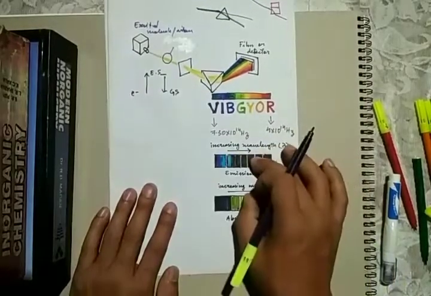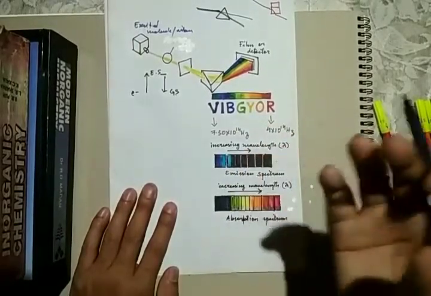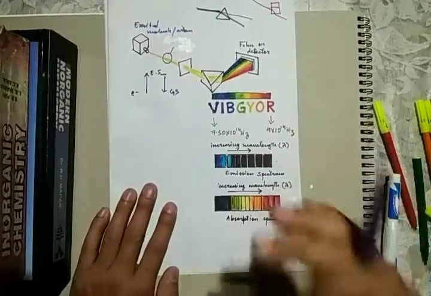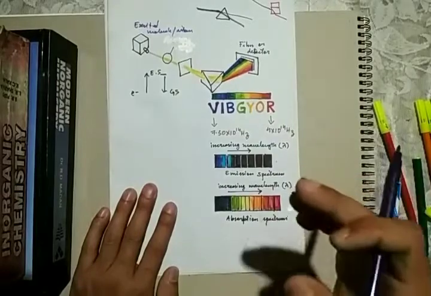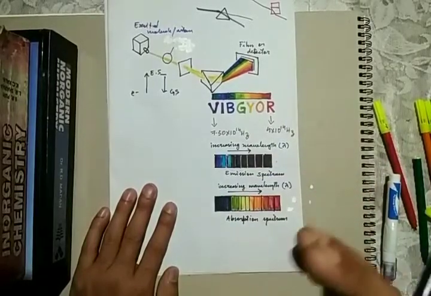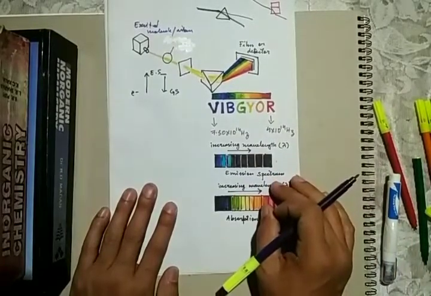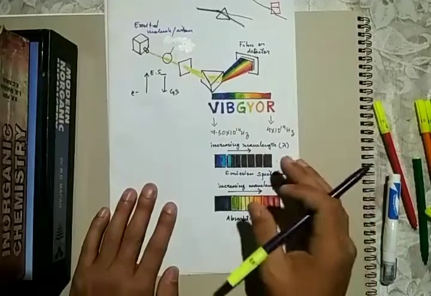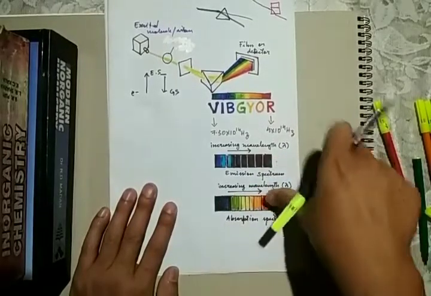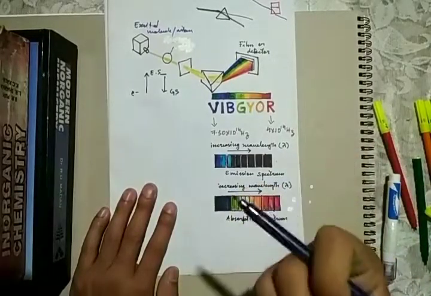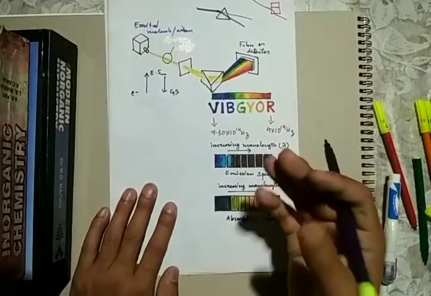So we come to the conclusion that every atom or element has certain particular spectral lines, and those are characteristic of those elements. It is like a fingerprint: every human has a different, unique fingerprint to identify each person.